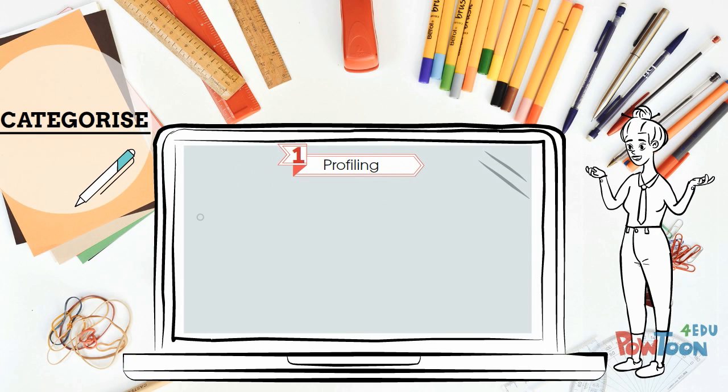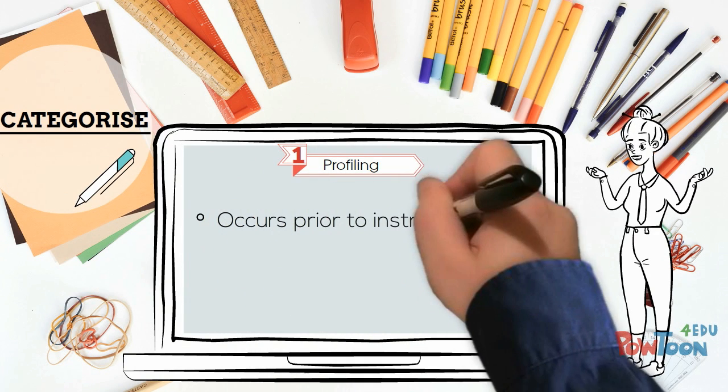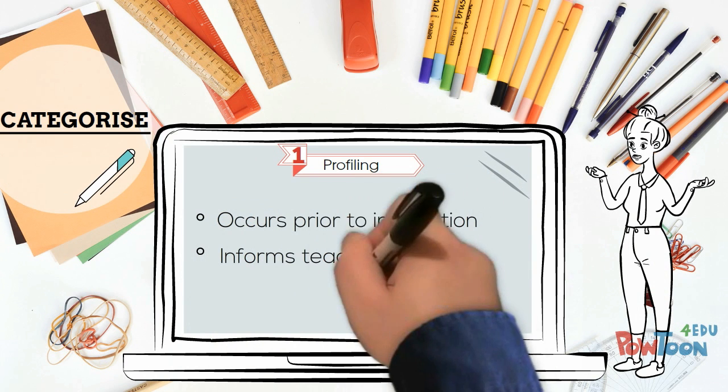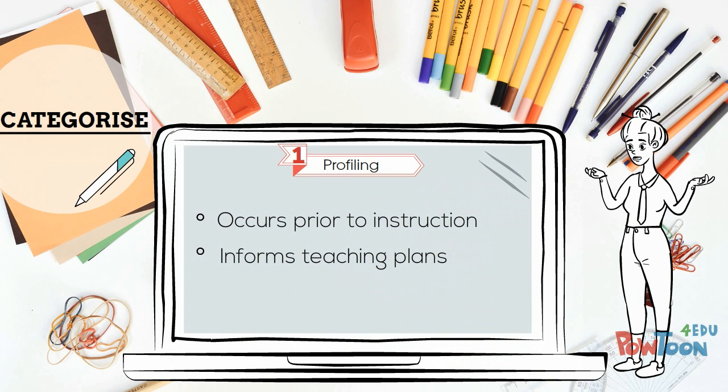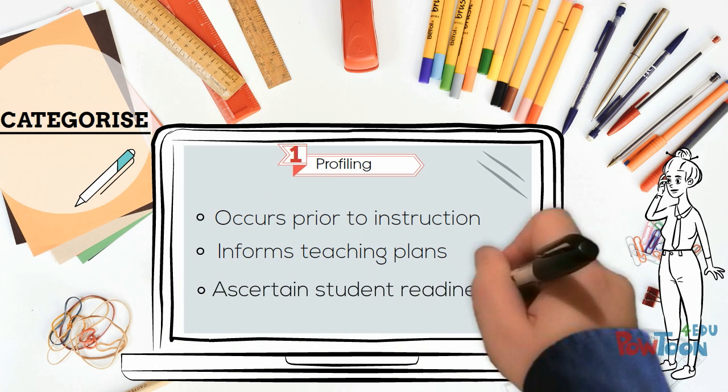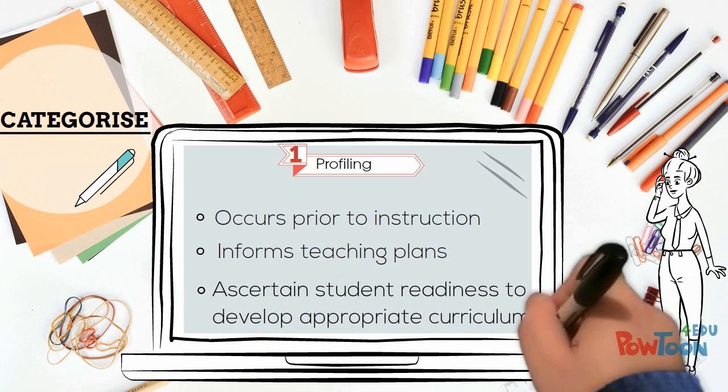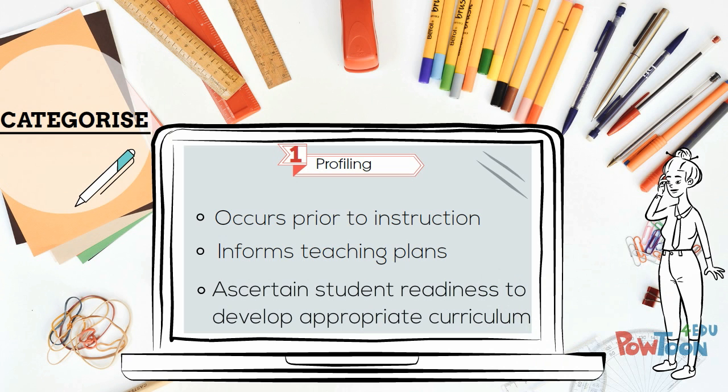Profiling assessment occurs prior to instruction and is used primarily to inform teaching plans. By ascertaining the current student cohort's attainment levels in readiness, we can develop an appropriate curriculum.